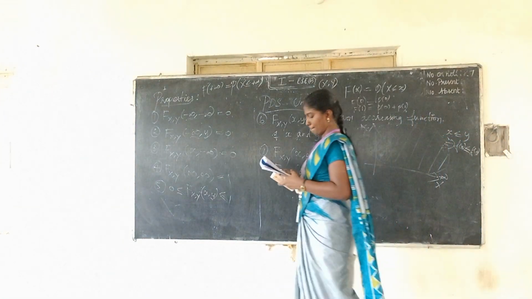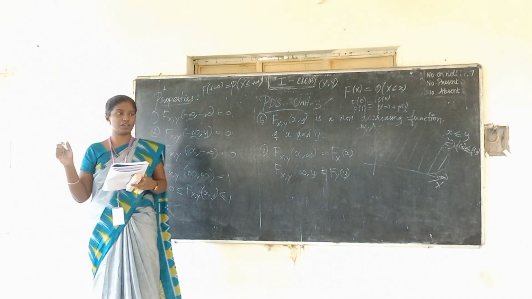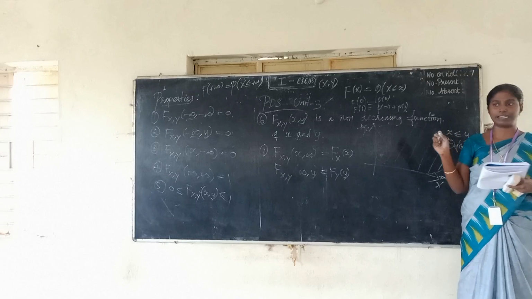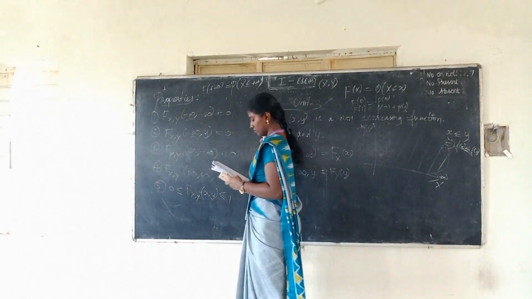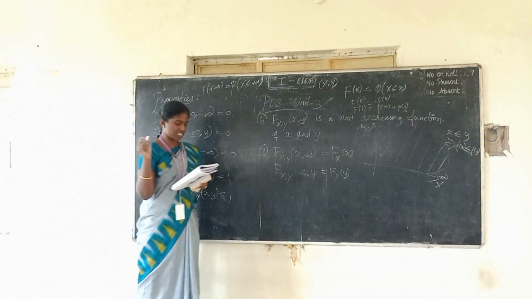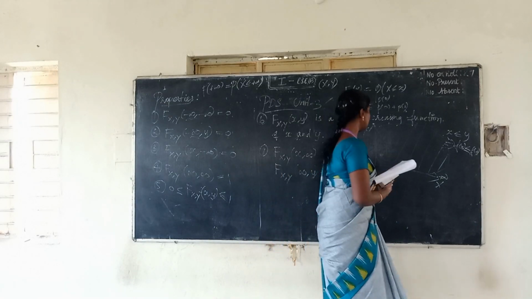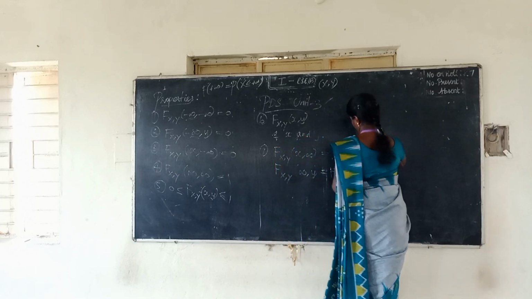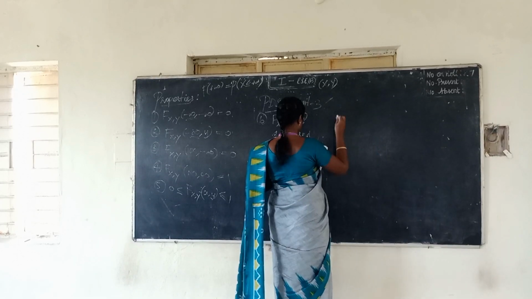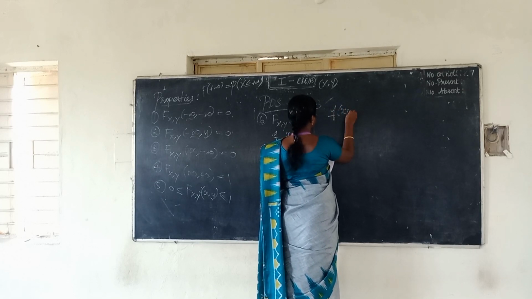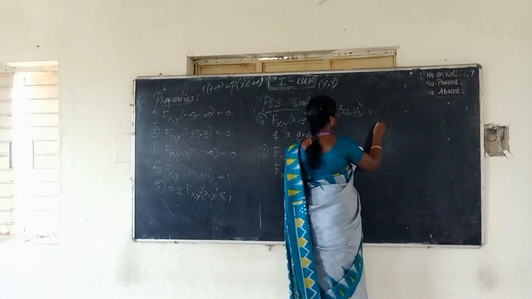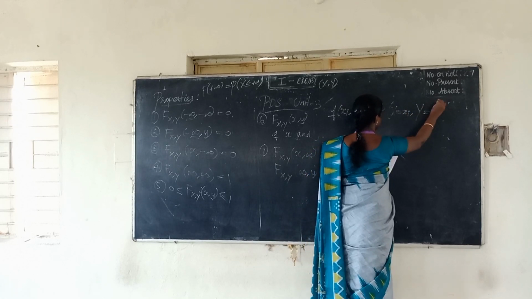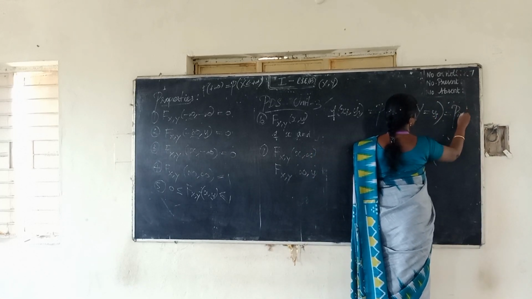Write down the definition. If (X, Y) is a two-dimensional discrete random variable such that f(xi, yj) = P(X = xi, Y = yj) = pij.